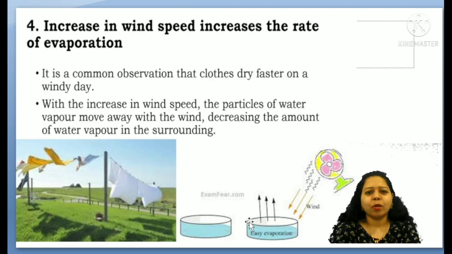Sometimes if we want to dry our clothes in less time, we keep those clothes under the fan so that wind will get, and because of that wind evaporation takes place faster and our clothes get dry in less time.